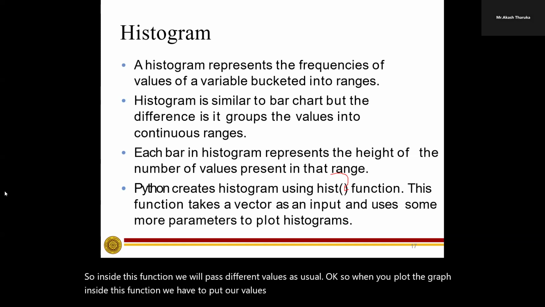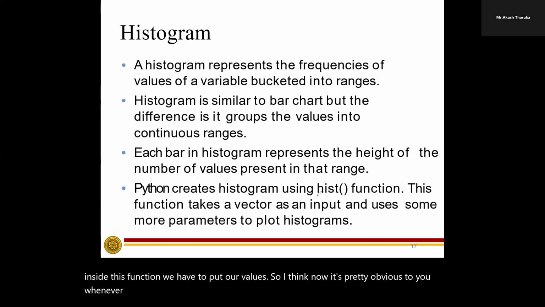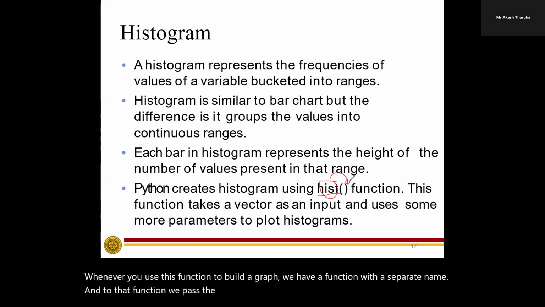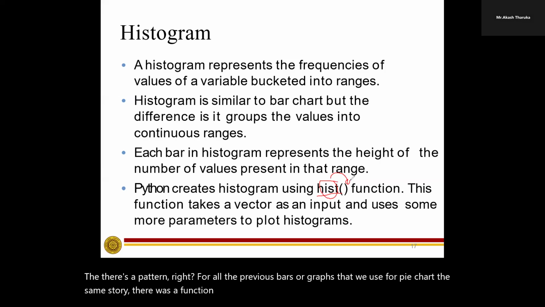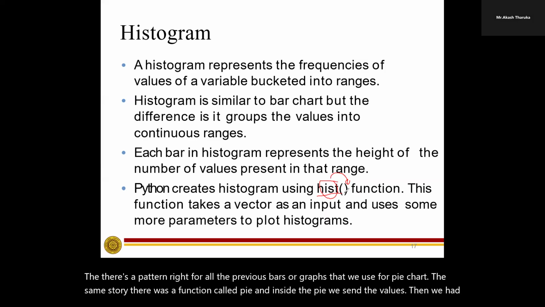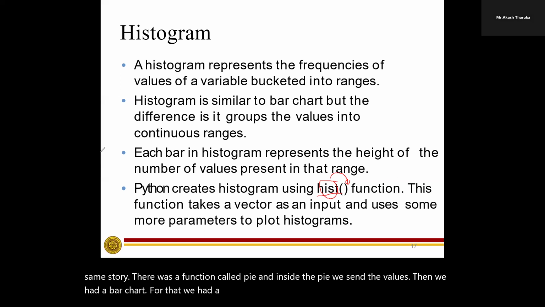So I think now it's pretty obvious to you, whenever you use a function to build a graph, we have a function with a separate name, and to that function we pass the values. There's a pattern, right? For all the previous graphs that we used. For pie chart, the same story. There was a function called pie, and inside the pie, we send the values. Then we had a bar chart. For that, we had a function called bar, right?